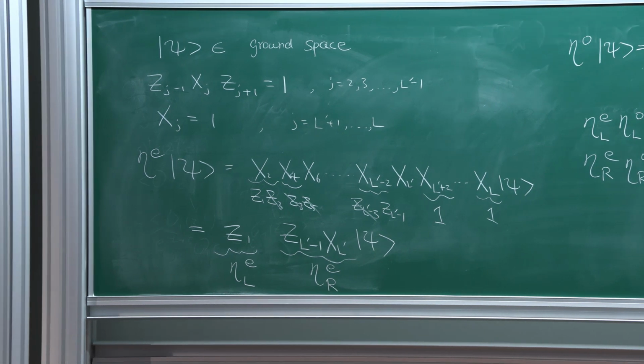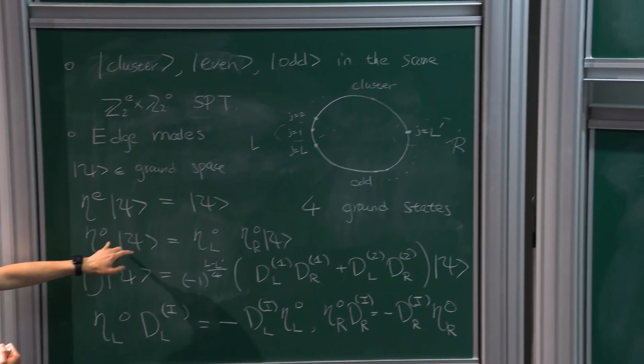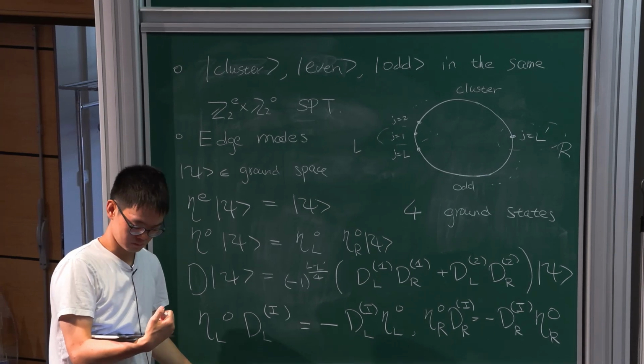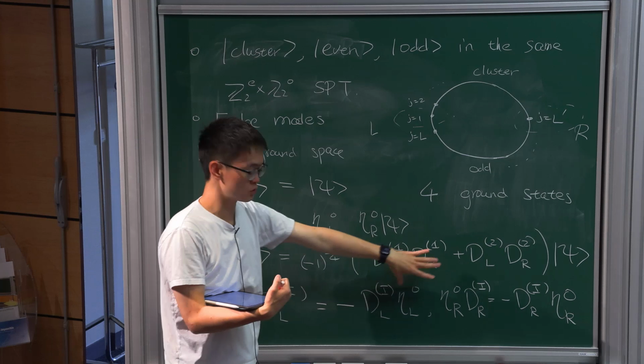But this time, the edge modes are a consequence of the projective algebra between one of the Z2 and the non-invertible operator. Sorry, what is the subscript for 1 and 2? These are just two factors.